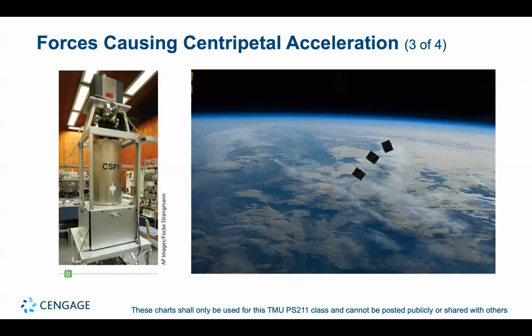Here we have an illustration of small satellites, CubeSats, in orbit around the Earth. A radial force is a vector and has a direction. Newton's second law for uniform circular motion involves forces that are directed either towards the center of a circle or away from it. A force acting towards the center of the circle is by convention negative.